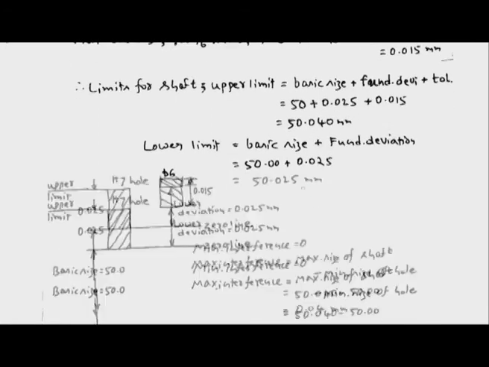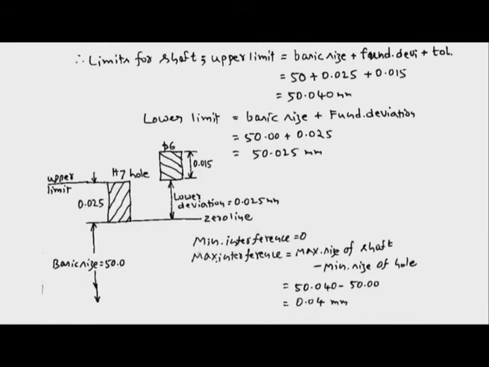Now all the values are pictorially shown here. This is the 0 line with reference to which all other dimensions are shown here. This is the basic size 50 millimeter, and we have this H7 hole where the deviation is 0. So the lower limit of the hole is equal to 50 millimeter.